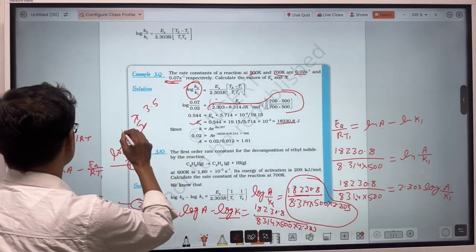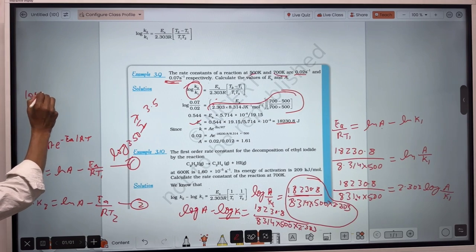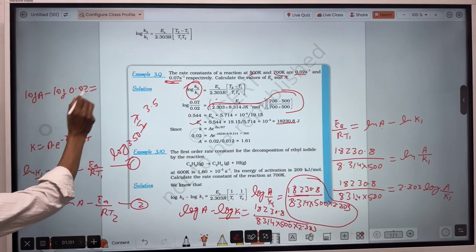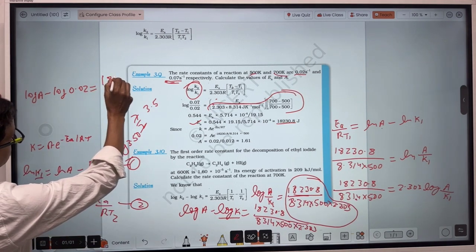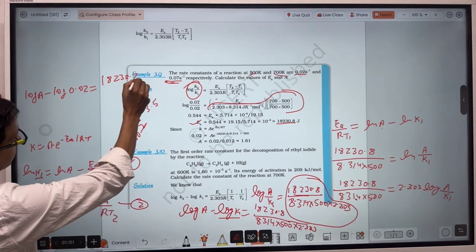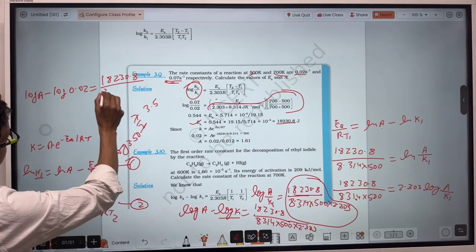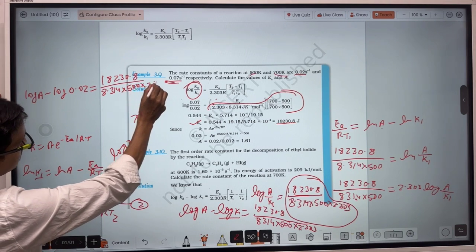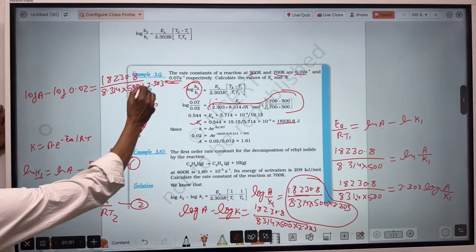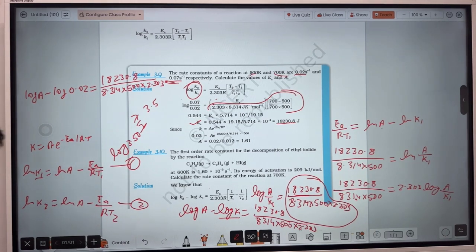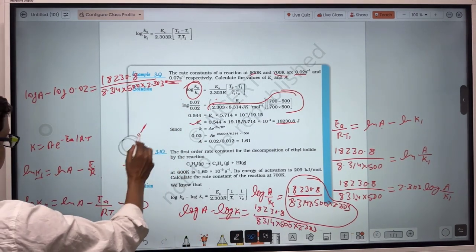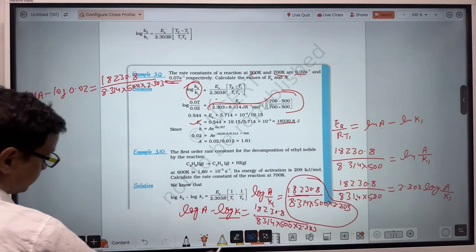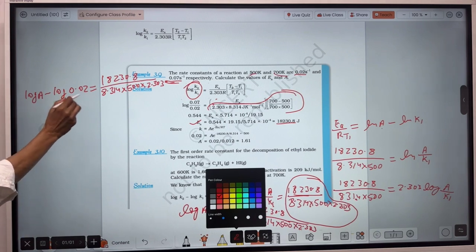So log A will be equal to minus log 0.02, that will be equal to 18230.8 upon 8.314 into 500 into 2.303. Let's see how to find out this one.